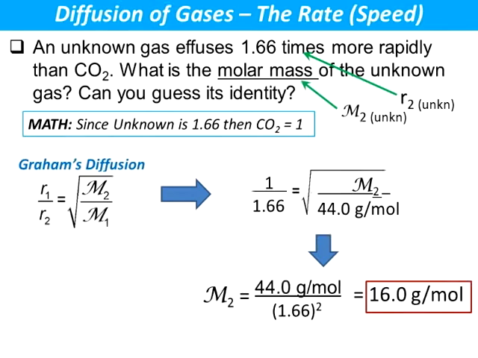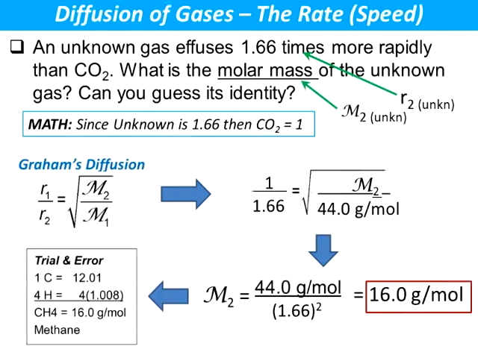We would then use standard math practices to get to our answer, and we find that M2 equals 44.0 divided by 1.66 squared equals 16.0 gram per mole. And 16 gram per mole, if we want to guess the gas, it's methane, because we can take 1 carbon and 4 hydrogens and obtain a molar mass of 16 gram per mole.